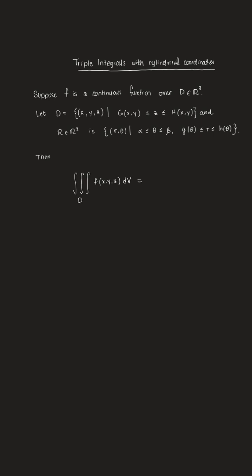We can describe them with polar coordinates. Theta is between alpha and beta, and r is between two functions of theta.